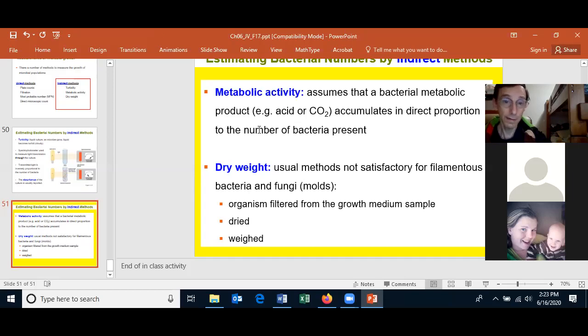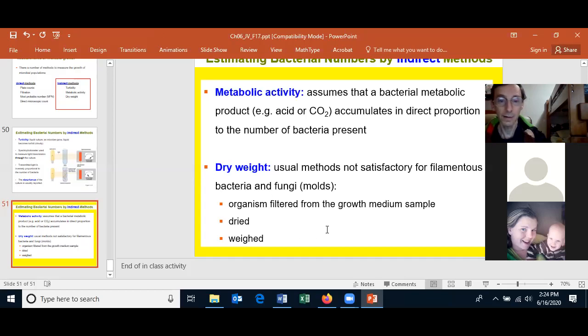And then dry weight is something similar, except you centrifuge down the cells, allow them to dry, and then at your convenience you weigh the dry weight. The more cells there are, the higher the dry weight will be. And then you look at a chart and it gives you the estimate of the number of cells. Now, this method in particular, you can't tell the weight of dead cells versus the weight of viable cells.